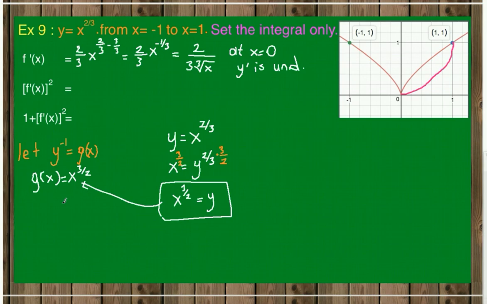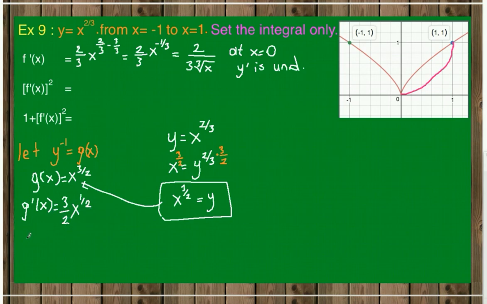If g of x is x to the 3 over 2, what is g prime of x? We can apply the power rule again, bring the power to the front, and subtract 1. So 3 over 2 minus 1 will be 1/2.